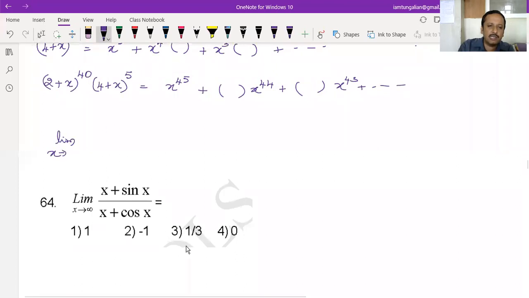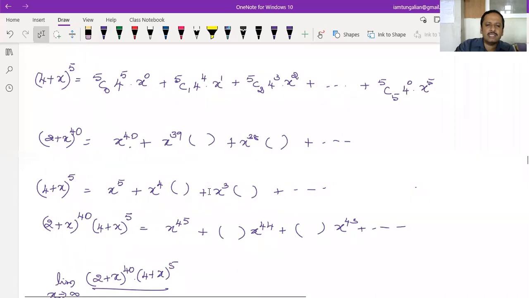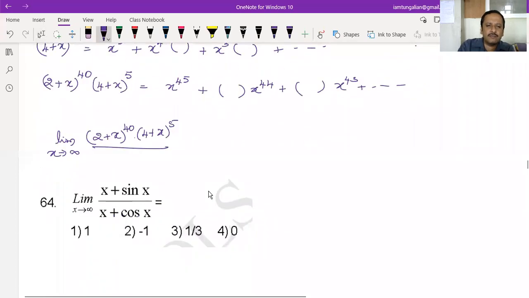What they have given: limit x tends to infinity, (2 plus x) whole power 40 into (4 plus x) whole power 5 divided by (2 minus x) whole power 45. This is equal to limit x tends to infinity.